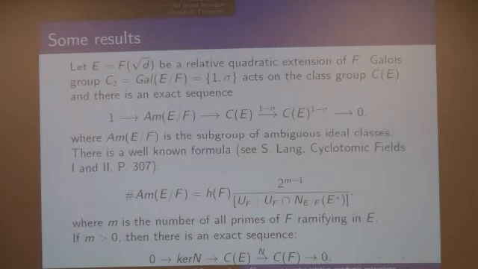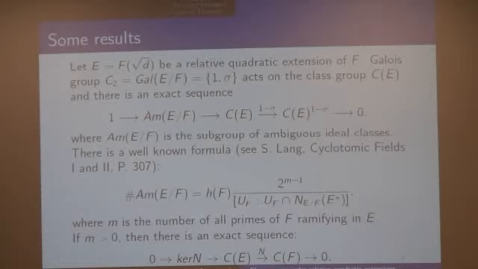Also, let E equal F adjoined the square root of D, a relative quadratic extension of F. The class group C2 equals the Galois group generated by sigma acting on the class group C_E, and there is an exact sequence, where M_E is a subgroup of ambiguous ideal classes.